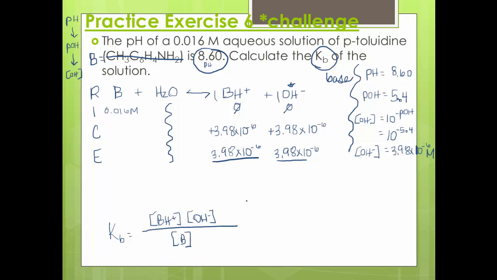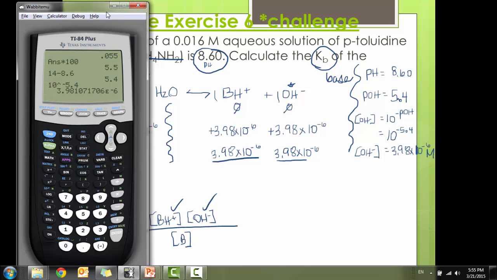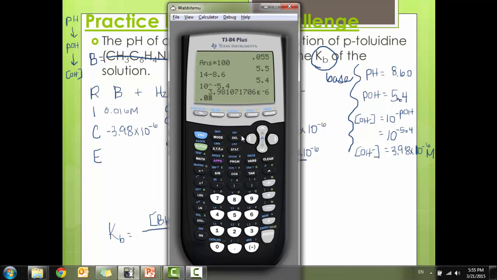So now I know my two ion values, I know those two values in the Kb expression. And now I need to figure out my base amount. I'm going to subtract 3.98 times 10 to the negative 6, and I'm going to do that in my calculator. So 0.016 minus 3.98 times 10 to the negative 6.